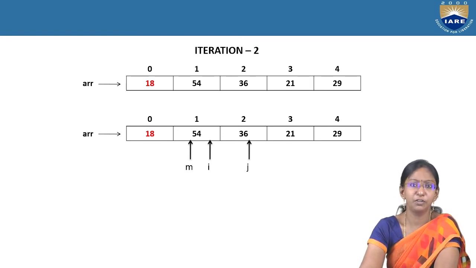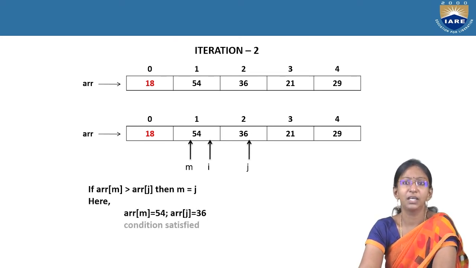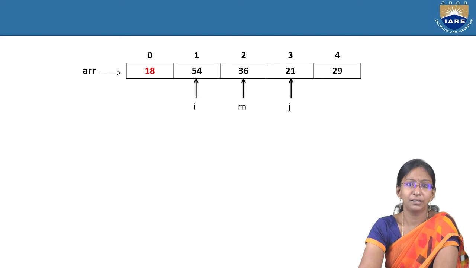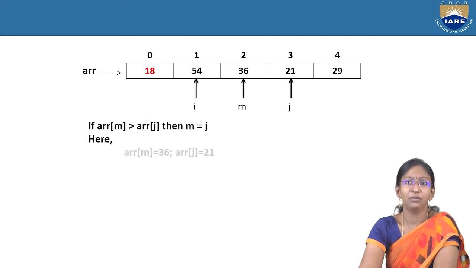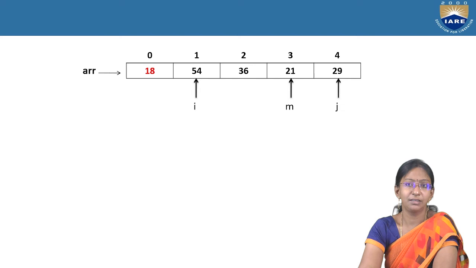Start comparing the elements pointed by M and J. So here 54 and 36, condition satisfied. Change the position of M and increment J. So the resultant will be like this. Again compare. 36 is greater than 21. Condition satisfied. Change the position of M and increment J. The result is like this.